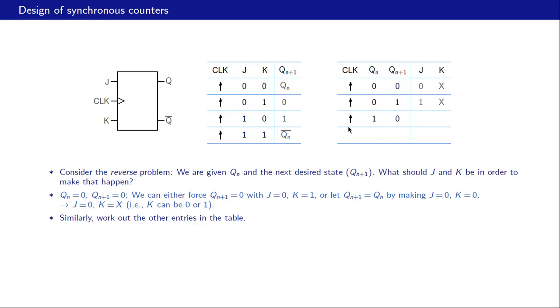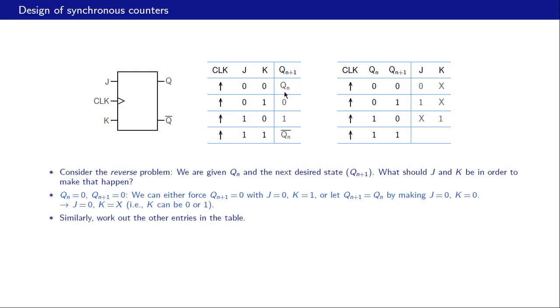For Qn equal to 1 and Qn plus 1 equal to 0, we can either use this row of the table or we can use this row in which Q toggles, and that suggests that K must be equal to 1 and J is a don't care condition. And finally, for Qn equal to 1 and Qn plus 1 also equal to 1, we can either use this row or we can use this row in which Q does not change.